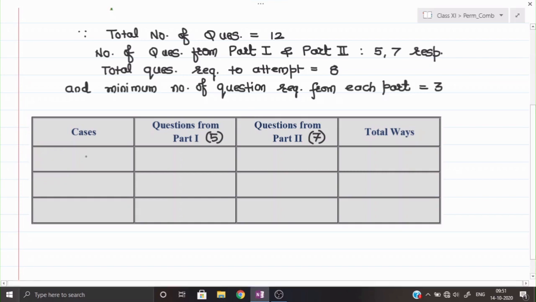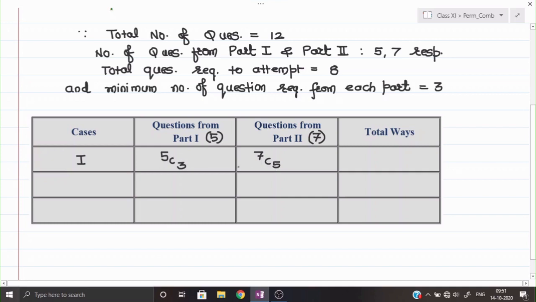So the first case. I am keeping in mind that from each and every part I need to take minimum 3 questions, less than 3 not possible. From part 1, suppose I take 3 questions out of 5, which can be mentioned as 5C3. Then from the second part, which contains 7 questions, I need to take 5 questions to complete 8, because out of 8 only 3 I have taken here, so the remaining 5 I will take from the second part.